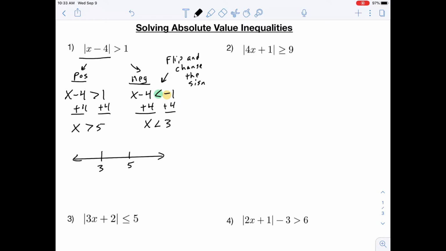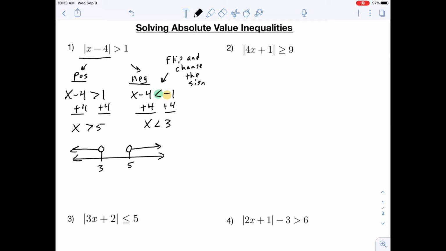Graphing x is greater than 5, that's an open circle and it goes to the right. Graphing x is less than 3, again it's an open circle, and less than means goes to the left. If it's a less than or greater than, it's an open circle. If it has the equal sign, it will be a closed circle.